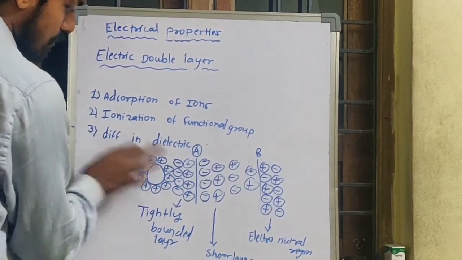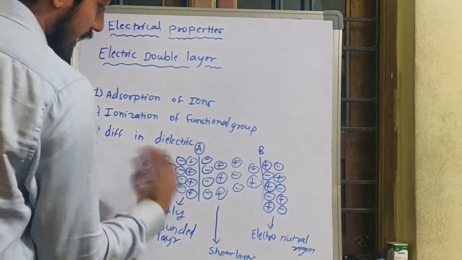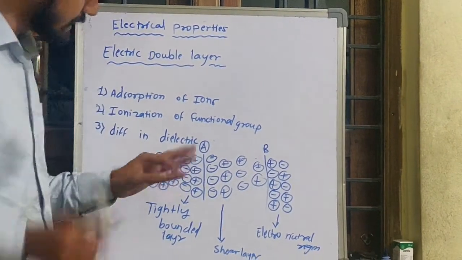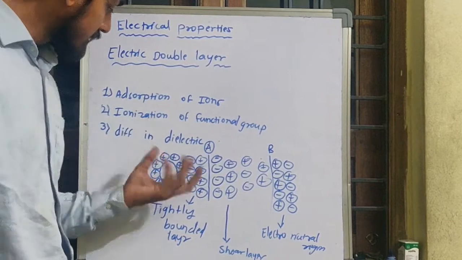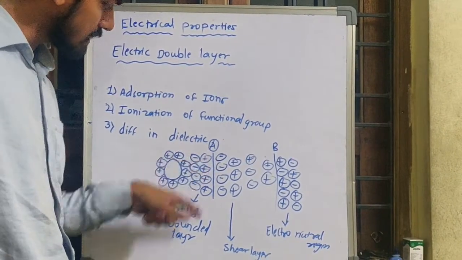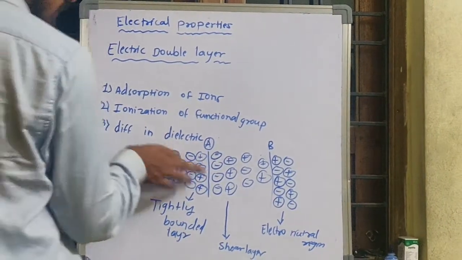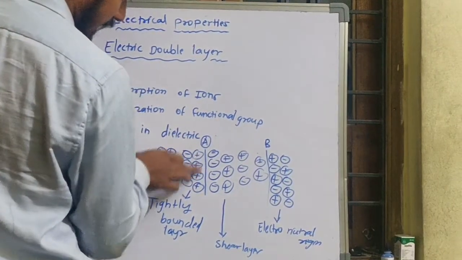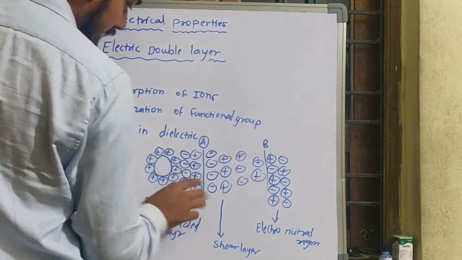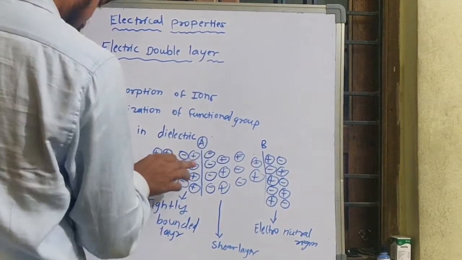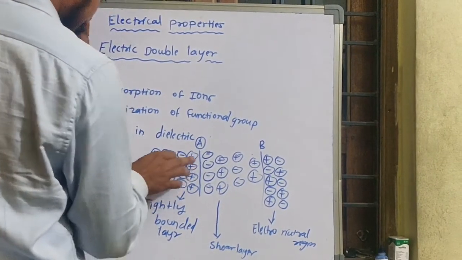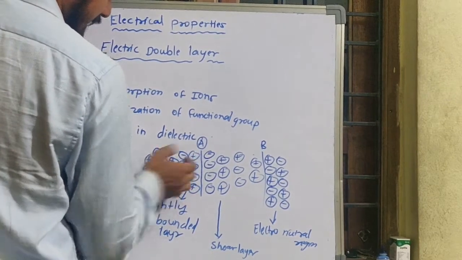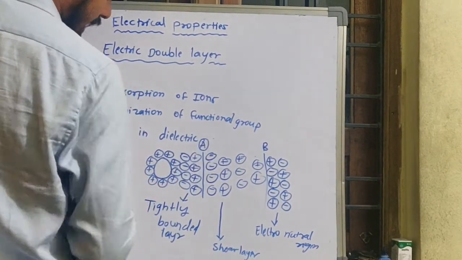So the first layer is positively charged. The next layer is negatively charged. Then the third layer may be positively charged. But the proportion of positively charged ions in the third layer is relatively less.